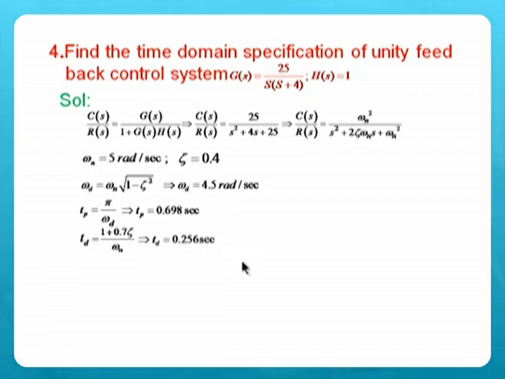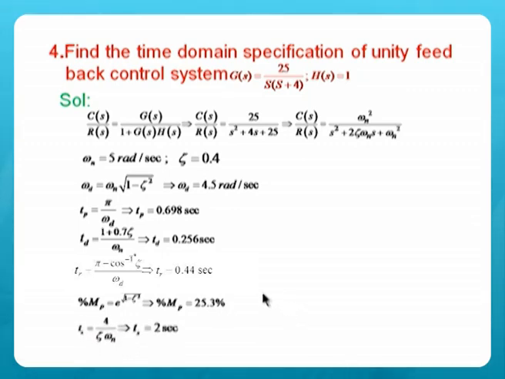Next, delay time using this formula, you get 0.256 seconds, and rise time is calculated using pi minus cos inverse zeta by omega d, you get 0.44 seconds. And peak overshoot is independent of omega n, but it depends on zeta. It is 25.3%.